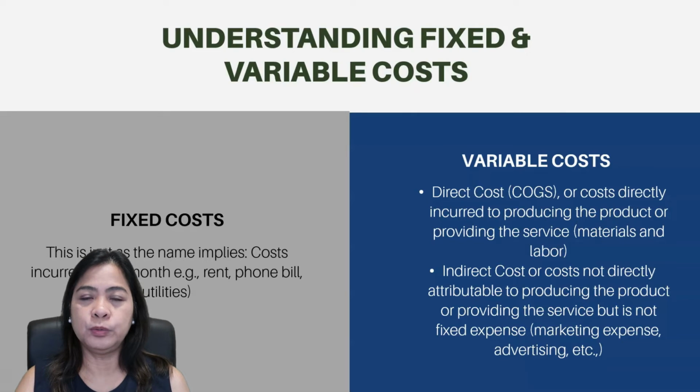A good example would be advertising expense, marketing expense. Those are still variable costs because you don't incur them every month on a fixed amount, but you incur them if you decide that you want to invest or spend money on marketing or advertising, which is not necessarily attributed to providing the product or service.